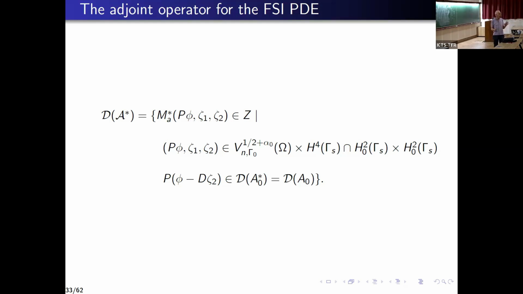What I need to know is that in the adjoint, the functions are of this form. I have to introduce here the transpose operator of this matrix operator MA, and I must know that the elements in this domain are of this form, plus some other compatibility condition.